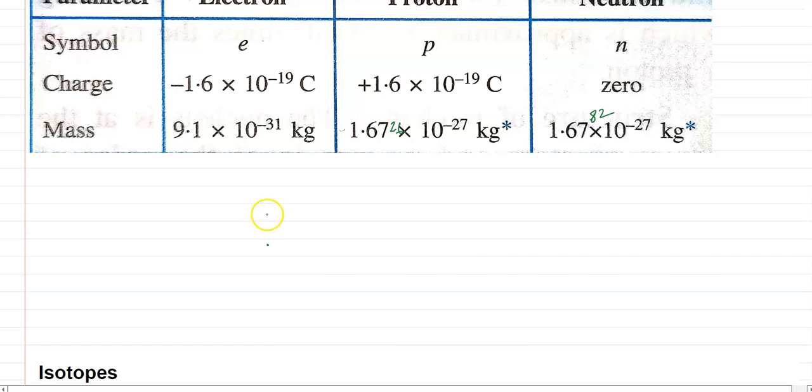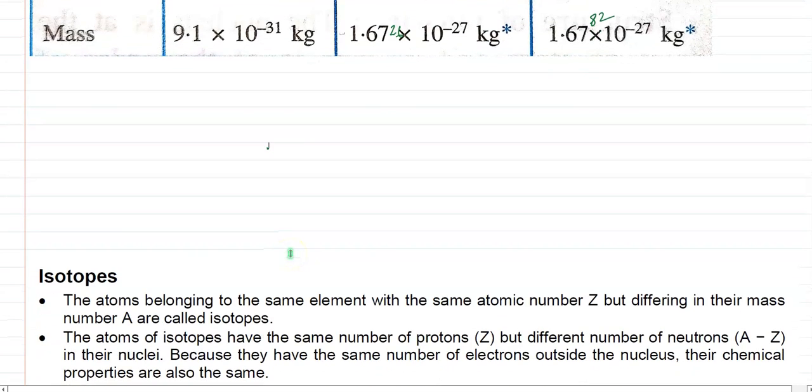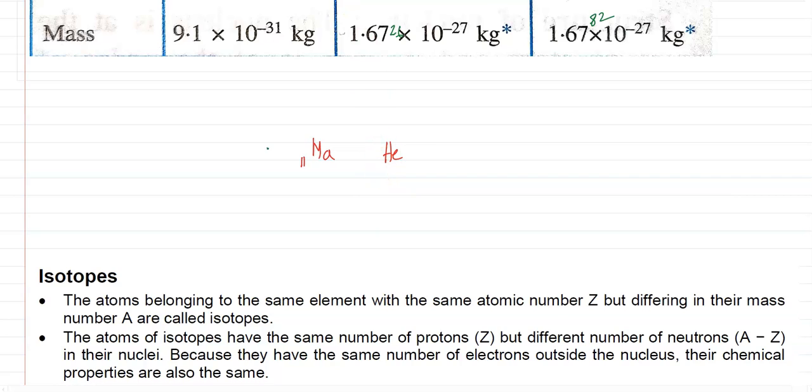If we change the proton number, then the atom will change. Sodium has proton number 11, but for helium the proton number is 2. So the proton number defines the name or property of the element. If the proton number changes, the material changes.